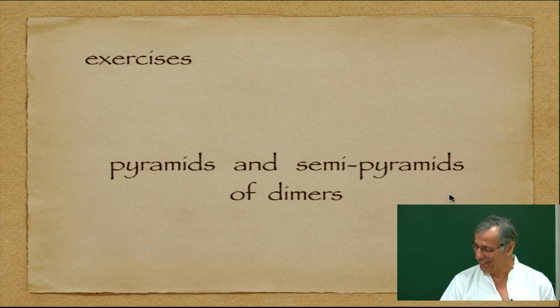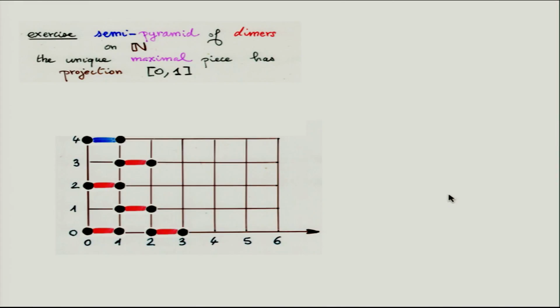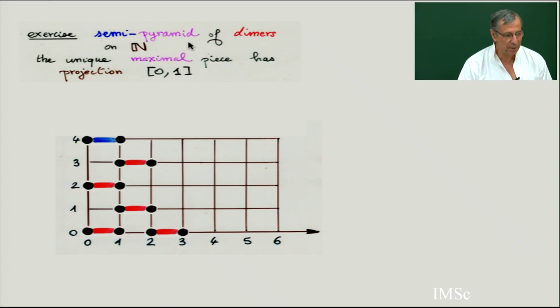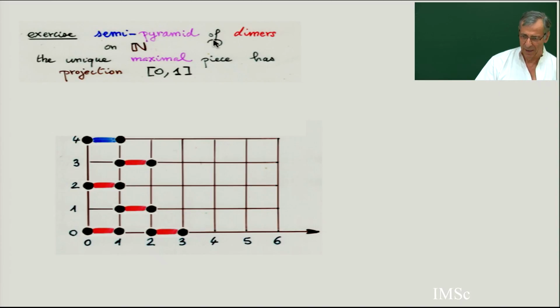2 more exercises. It's following exercise 1 about quasi-partitions, but instead of taking general heaps of dimers, take what is called a semi-pyramid of dimers. A pyramid of dimers is a heap of dimers on the line having only one maximal piece, in blue.